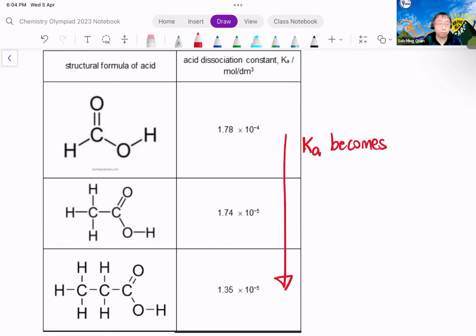You must look at it carefully, because these Ka values have negative powers, right? So if we were to look at the values closely, what would you say about the Ka values? Perhaps can we have Kanishka? What can you say about the Ka values? They become bigger or smaller?